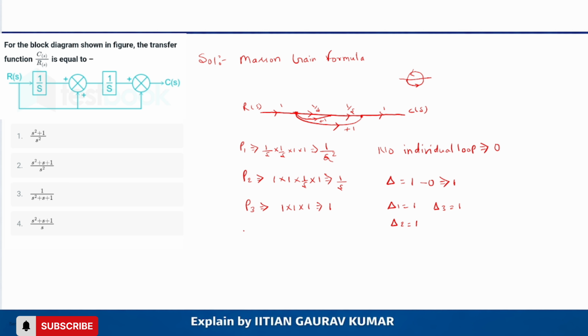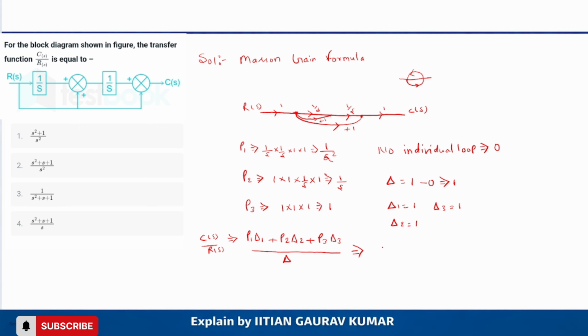With the help of Mason's gain formula, we can write C(s) divided by R(s) equal to P1 delta 1 plus P2 delta 2 plus P3 delta 3 divided by delta.